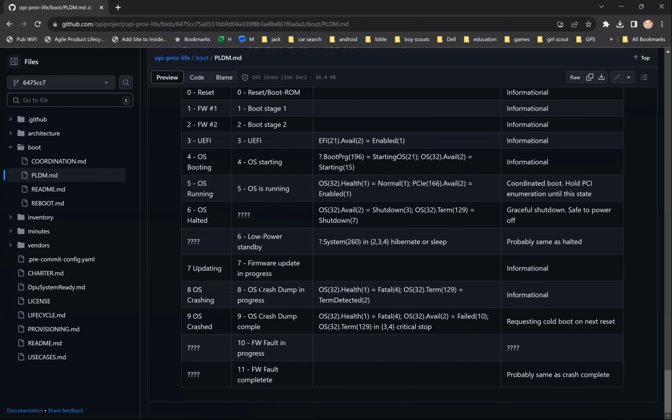And then NVIDIA has 2 additional states, firmware fault and firmware fault complete, which in my mind correspond. It's just the source of the crash, but the result is that when you get to a crash or fault complete, you would convert the next reset into a cold boot. That is what the BMC action or the BIOS action would be.